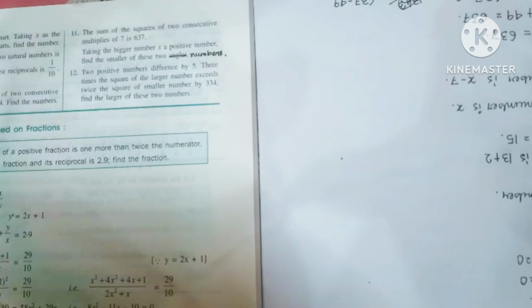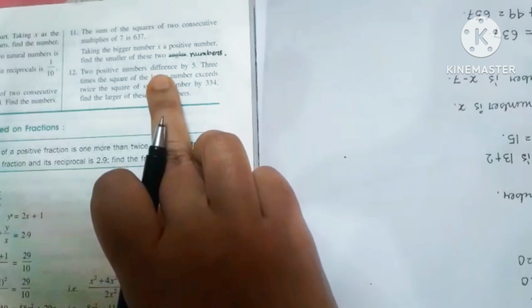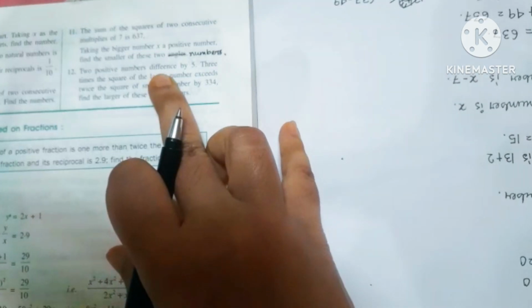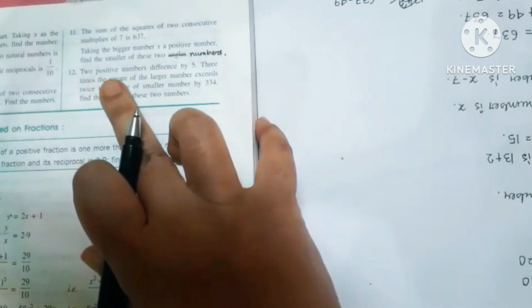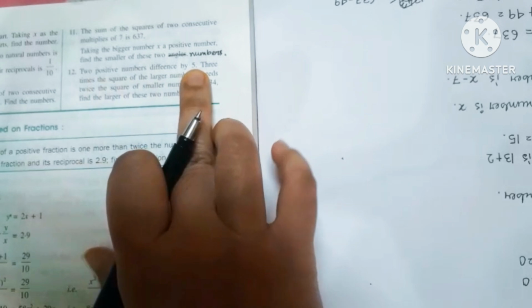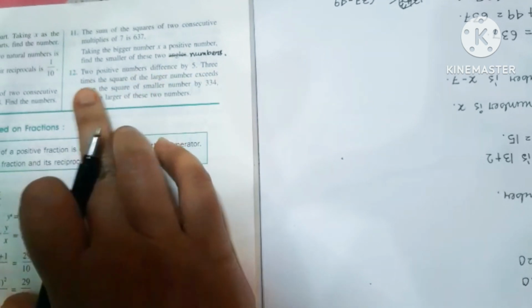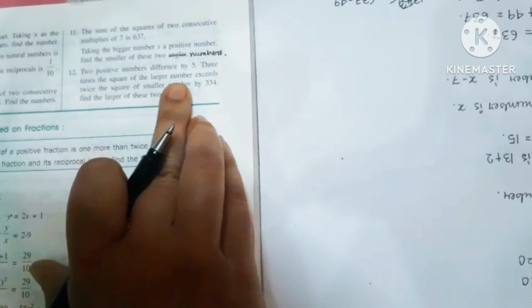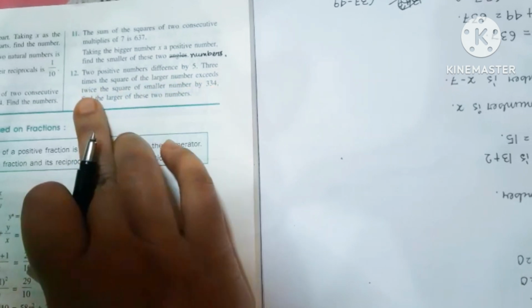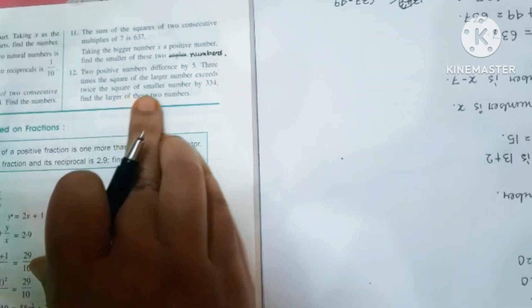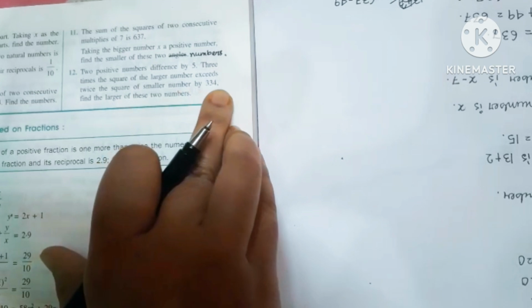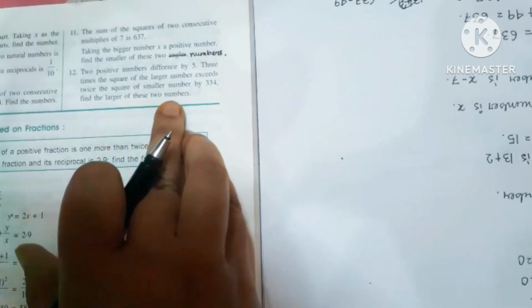See the last one, two positive numbers difference, this is difference, okay, printing mistake, two positive numbers differ by 5. So if one is x, another one will be x plus 5. Three times the square of the larger number exceeds twice the square of the smaller number by 334. Find the larger of these two numbers.